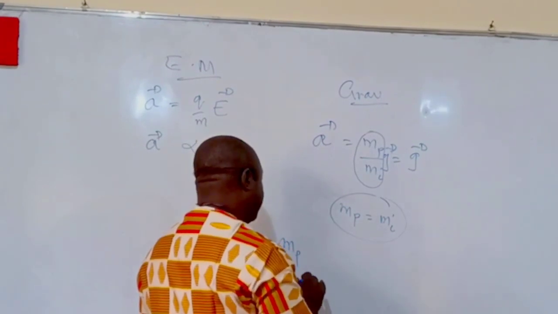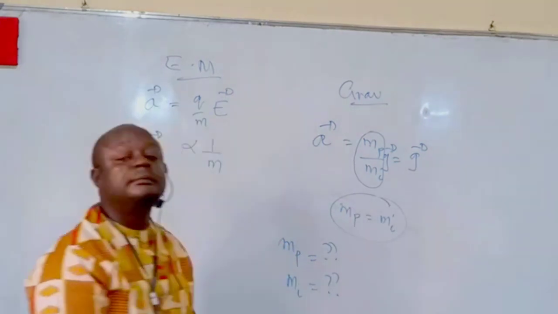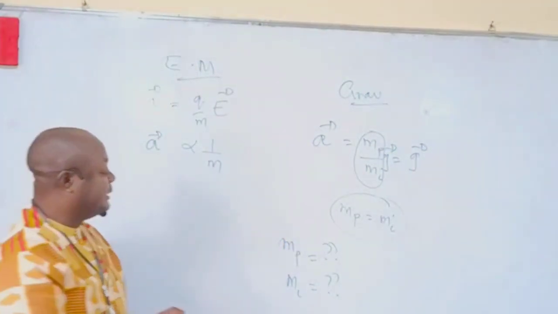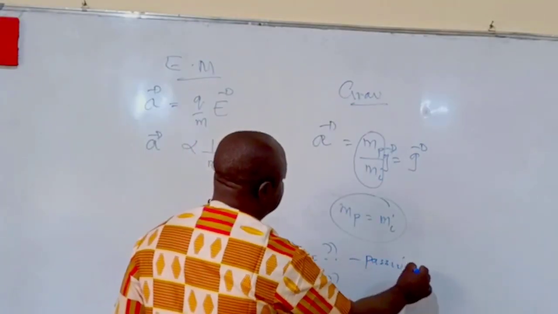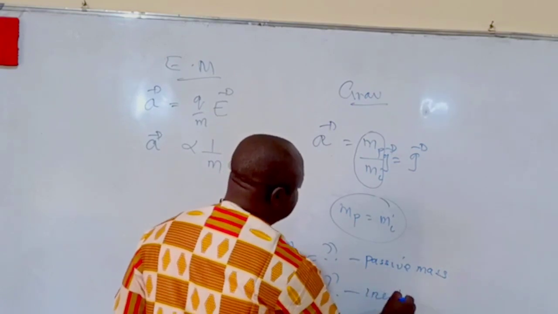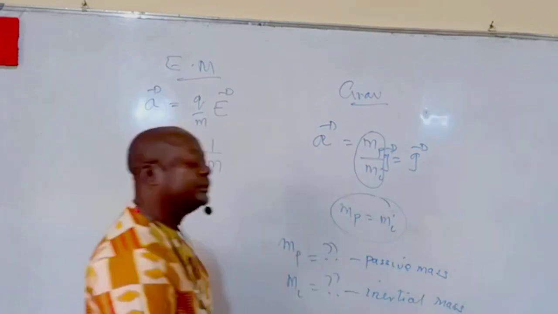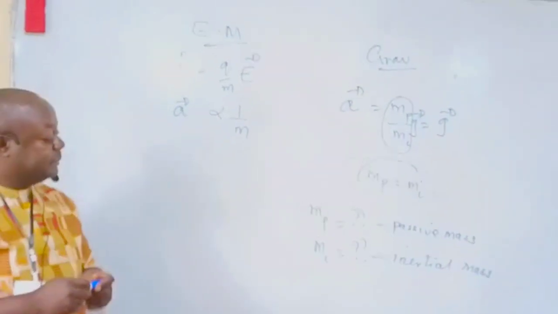What is m_i? m_p is what we call the passive mass. And this is what we call the inertial mass.